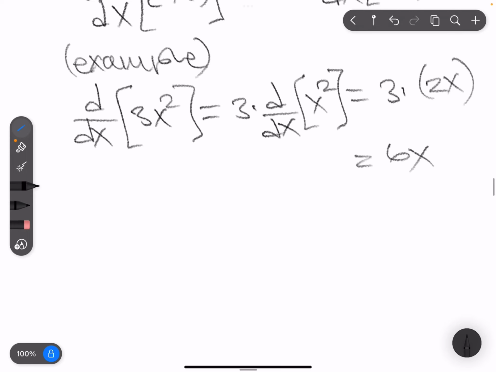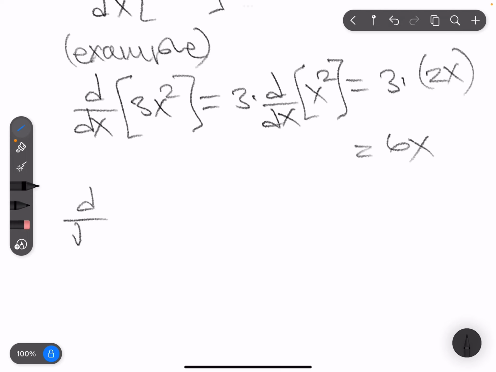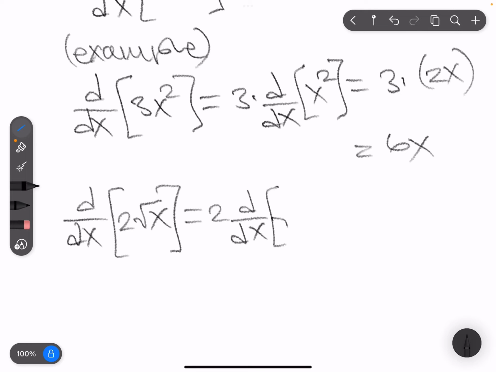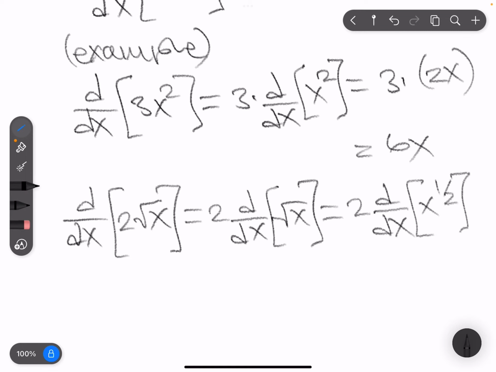Let's see. If we look at, say, the derivative of 2 root x, this is going to be 2 times the derivative of root x. And root x, of course, we can write as x to the 1/2. And so this turns into 2 times 1/2 times x to the minus 1/2.